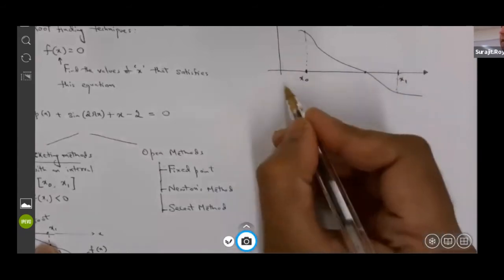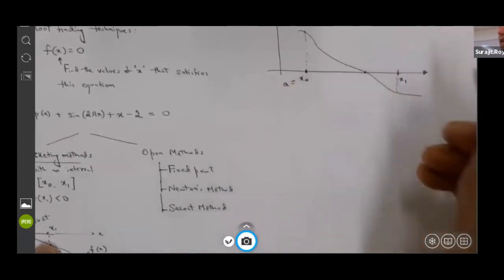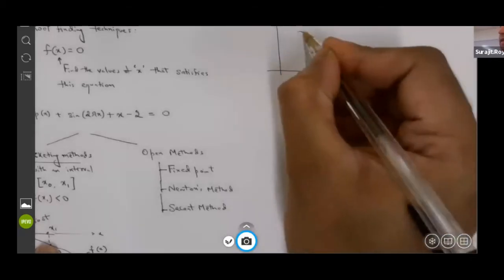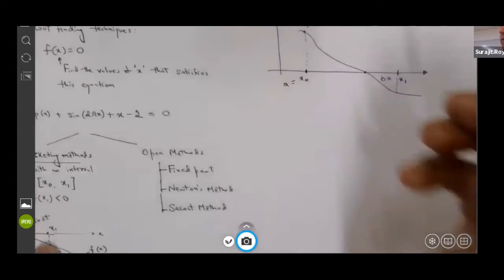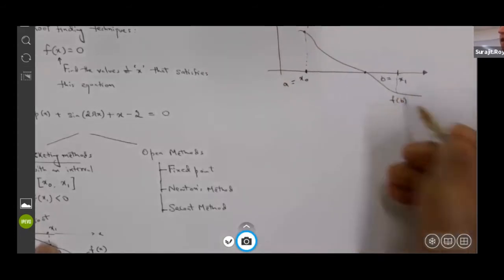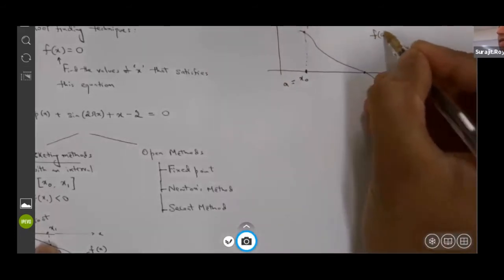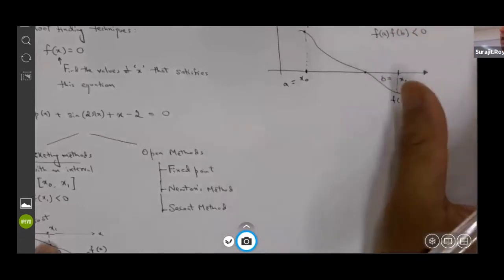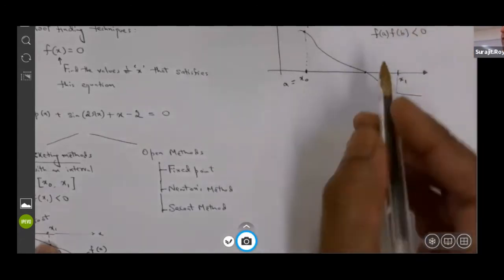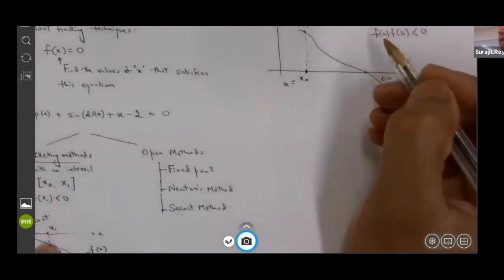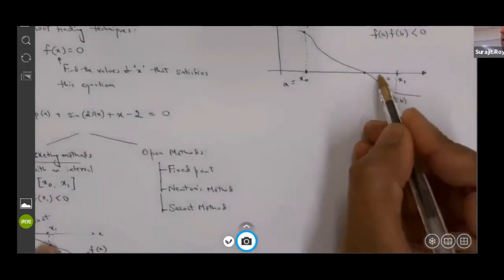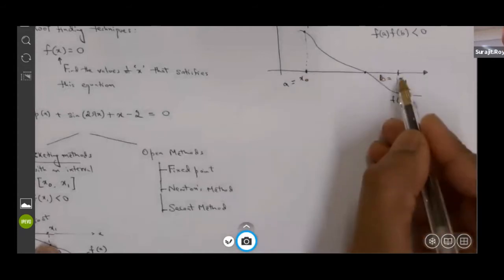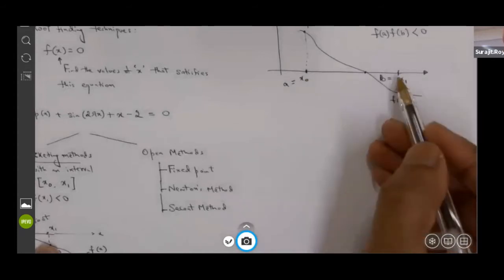So the starting interval is basically you define this as A, and let's say this is B. This is the function at point A, fa, and this is the function at point B, fb, and you know at the very beginning that fa times fb is less than 0. That's known to you. So at the very first step, you are going to bisect this interval, which is to find the midpoint of the interval.